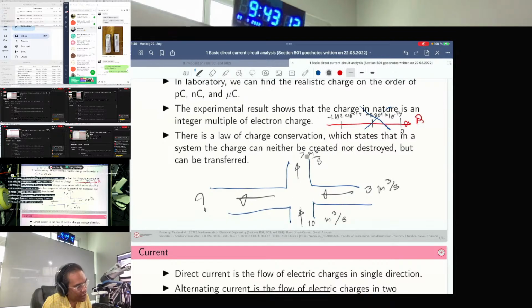If you have 7 here, you have 10, you have 3 cubic meter per second. What is the water flow out of this route?